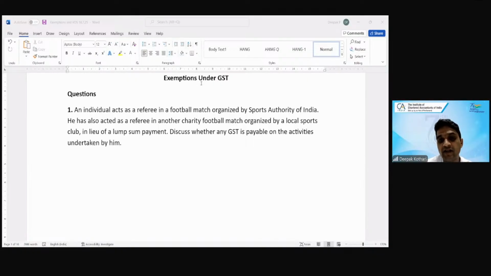Pooja is saying a different answer. She's saying not exempt, it would be taxable. That's interesting.